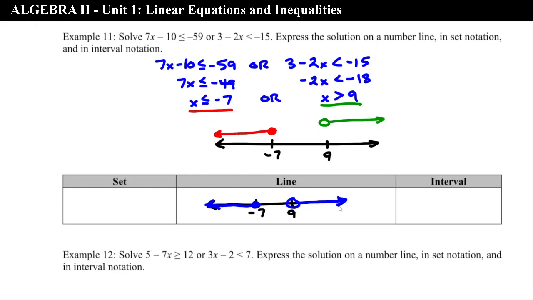We're just omitting everything between -7 and 9, and we're omitting 9 itself. So in set notation, because this is an OR statement and we've got two different sections, there's no other way to write it other than x is less than or equal to -7 or x is greater than 9. In interval notation, we're coming from -infinity and going to -7, and we include the -7, and we union that with 9 to infinity.